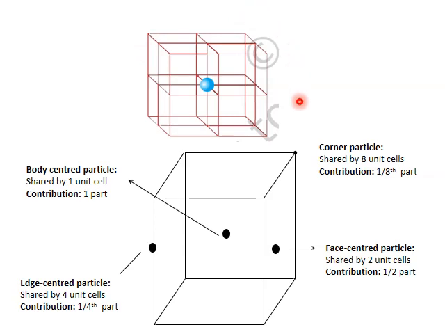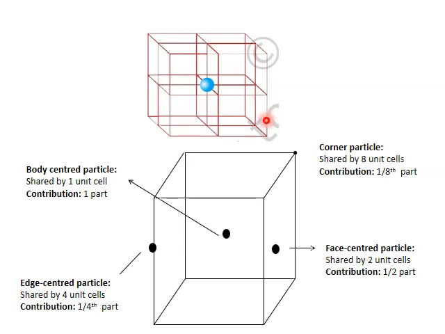Suppose we assume this as a crystal lattice, we can find here totally 8 unit cells and one particle is mentioned over here, and this particle position appears as the corner of all the unit cells, the 4 down and the 4 top. So it appears as the corner of all these unit cells. This particle will not belong to only one unit cell, it belongs to all the 8 unit cells.